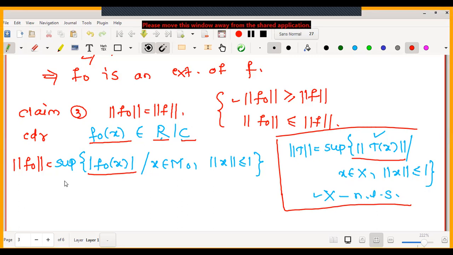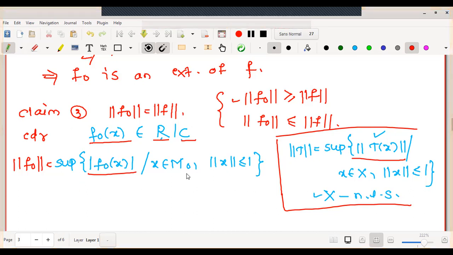Therefore, this is the supremum of mod f naught of x, x belongs to M naught, norm x is less than or equal to 1. Okay. Instead of norm, here I have used modulus.